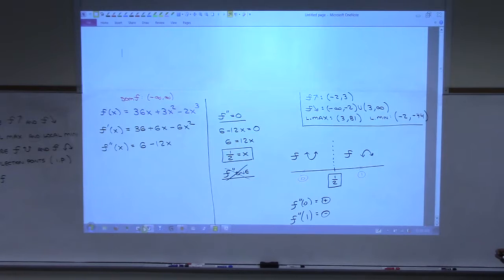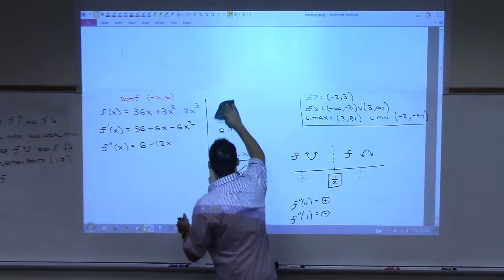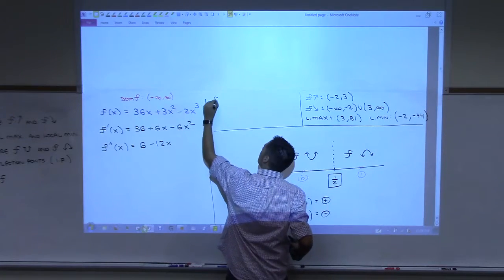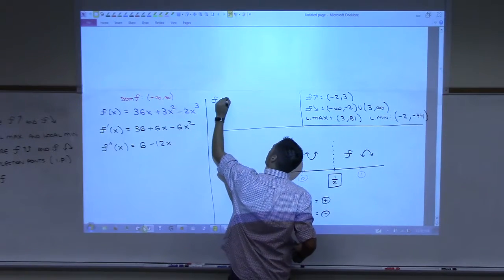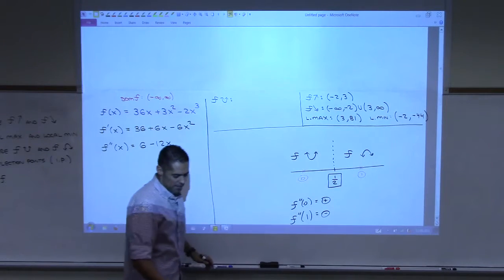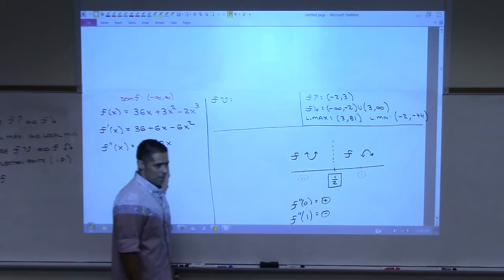So do you think you can answer some of the questions over there now? Okay, so where was this thing concave up? Where was our original function concave up? Where is f happy? Negative infinity to 1/2.